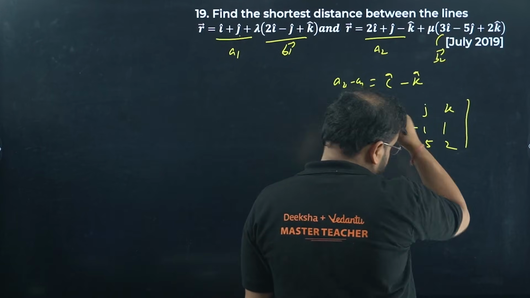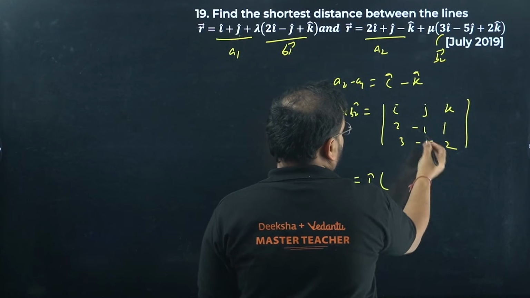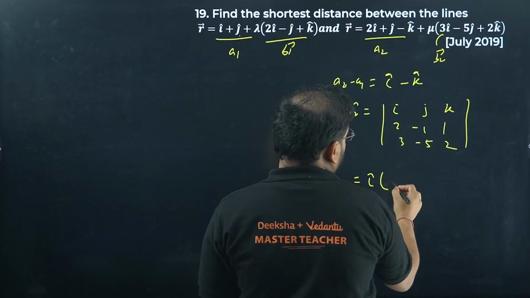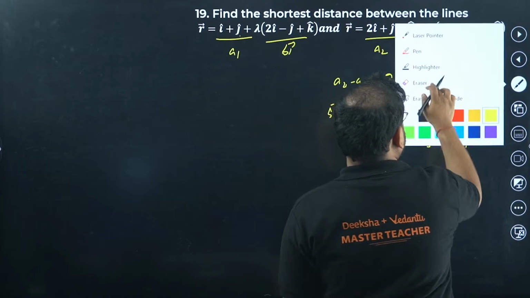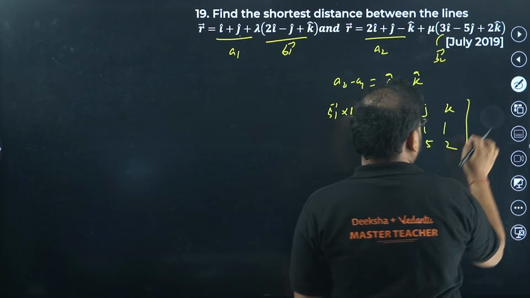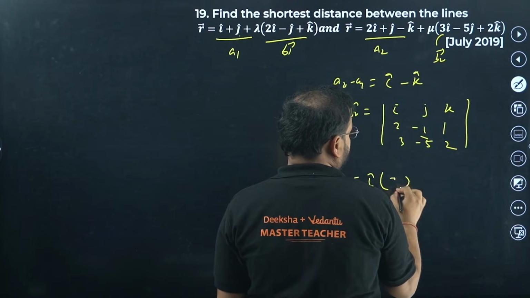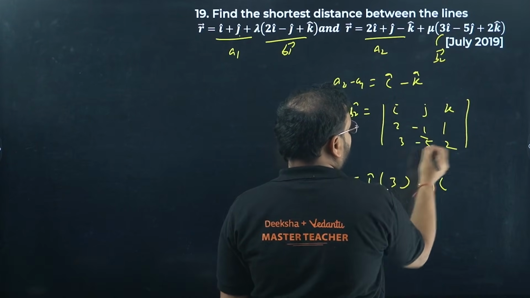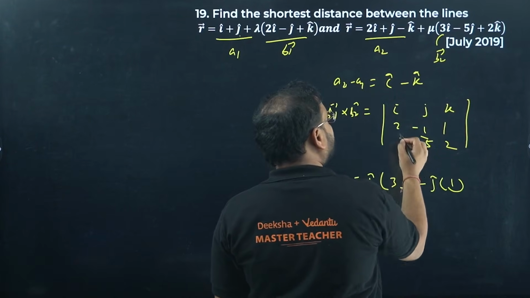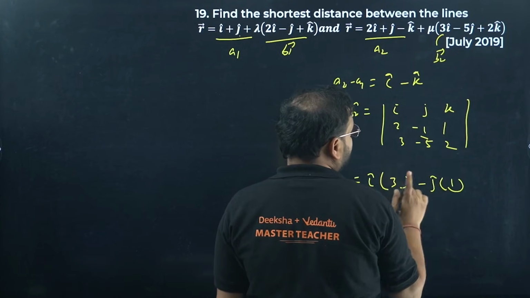What are you getting with i cap? Minus 2 plus 5, so it will be 3. And with minus j cap, take a close look, 4 and minus 3. 2 into 2 is 4 and 3 into 1 is 3. So the difference will be 1.